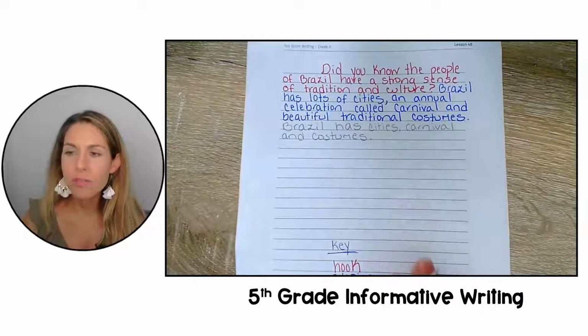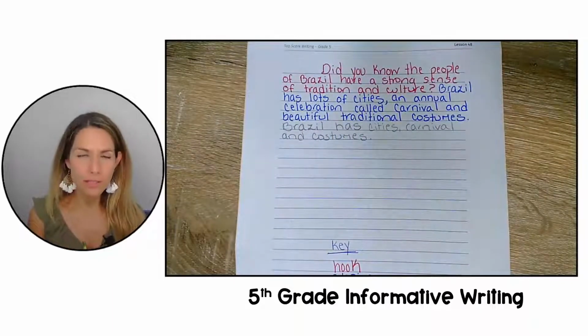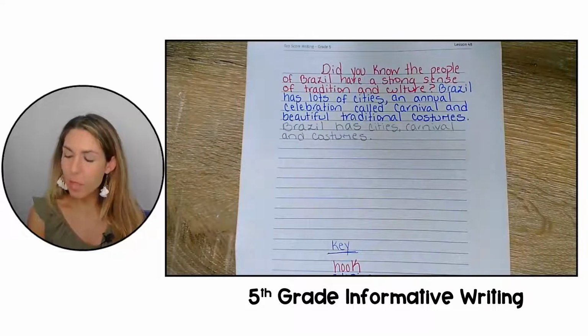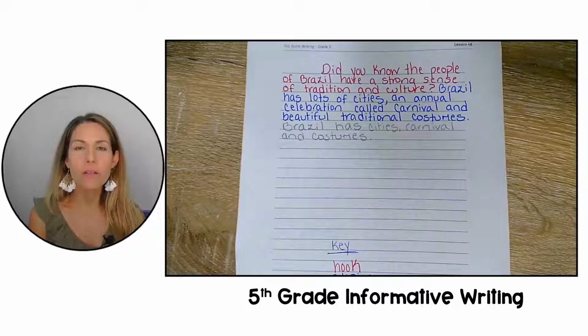Now I'm going to reread this to you, and while I do, I want you to see if you can figure out why we do not want to do this. Brazil has cities, Carnival, and costumes. Why would we not want to write it like that?